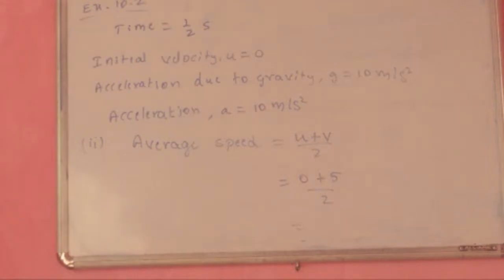Average speed means initial speed plus final speed divided by 2. So the initial speed is 0, the final speed is 5. Therefore it becomes 0 plus 5 divided by 2, which is 2.5 meter per second. Any other answers?